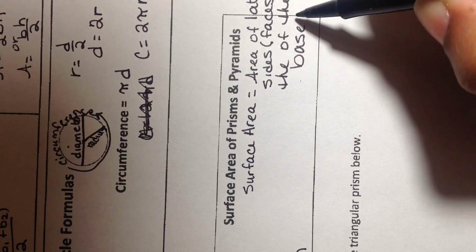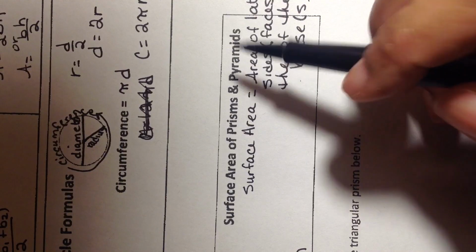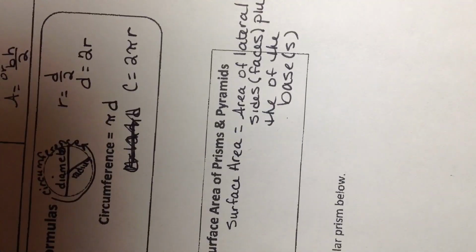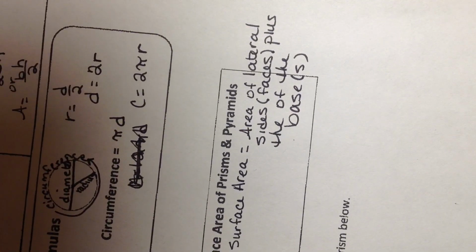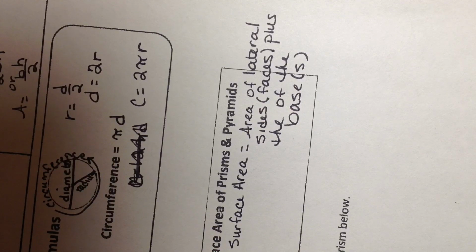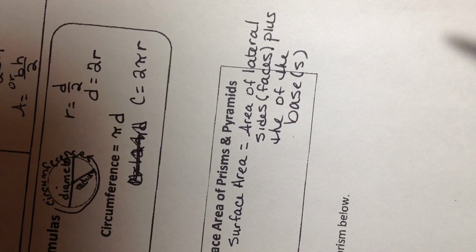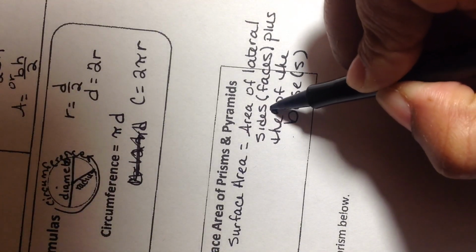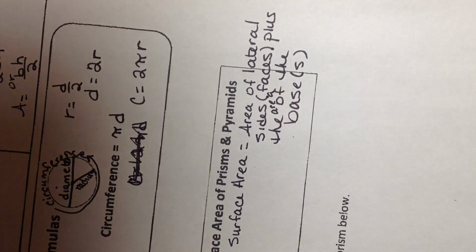And I'm going to say bases with an S because, as we know, a pyramid only has one base, whereas a prism has two. So it is the area of the lateral sides plus the area of the bases.